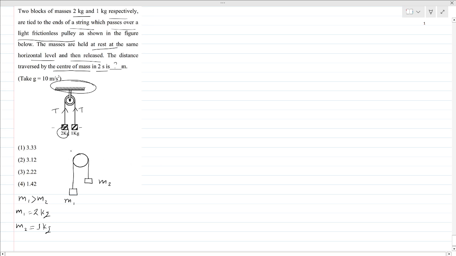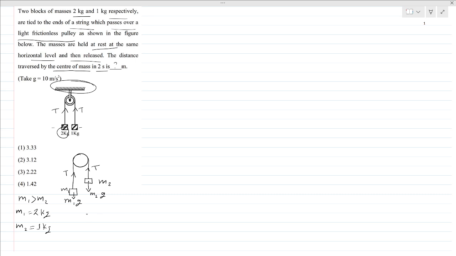Since the string is inextensible, the tension T on both sides will be the same. If we draw the free body diagram, the weight m2g will be in the downward direction, as gravitational force always acts downward. Similarly, m1g will act downward for mass m1.